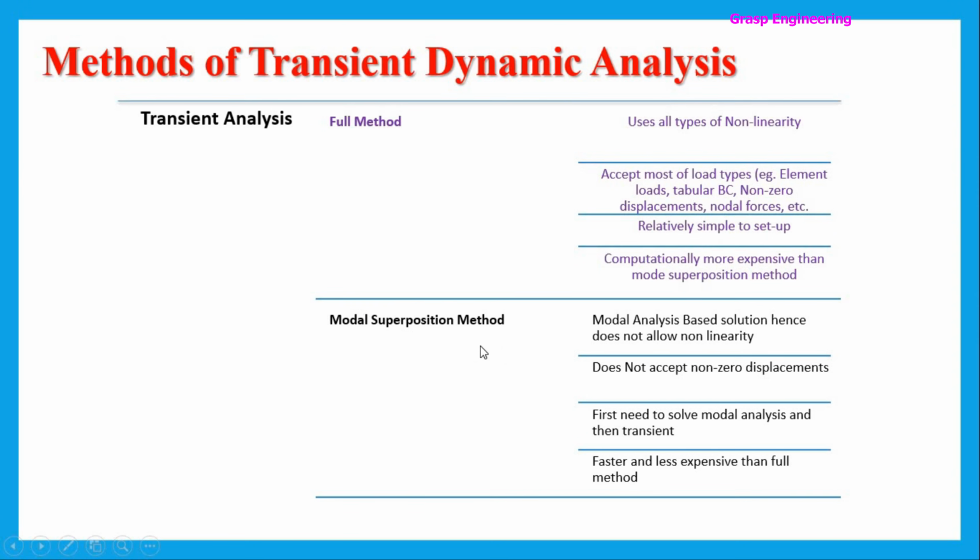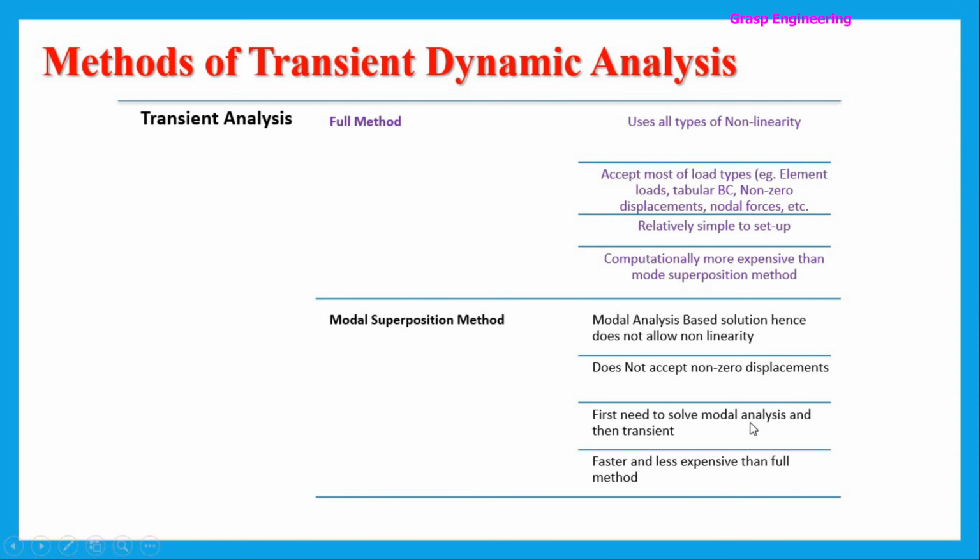Now let's talk about the modal superposition method. It is a modal analysis based method, hence it does not consider non-linearity. As discussed in the previous slide, other vibration simulations such as modal analysis or response spectrum do not include nonlinear effects, but transient structural with the full method can consider them. It does not accept non-zero displacement.